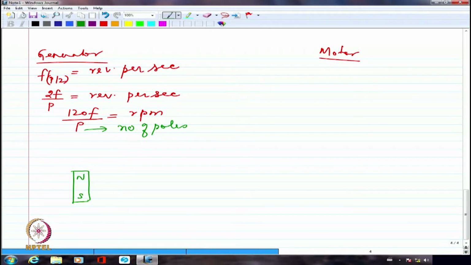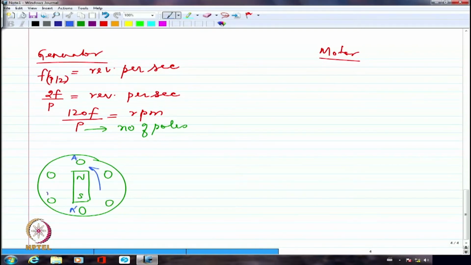I am showing a 2-pole machine, and I am going to have the A phase, B phase and C phase winding sitting here, and maybe the magnet is rotated in this direction. So I am calling this as A, A dash, B, B dash and C, C dash. So I am going to have essentially the voltages created which are shifted from each other by 120 degrees. They are independent windings, so I can connect them in star or delta as per my requirement.